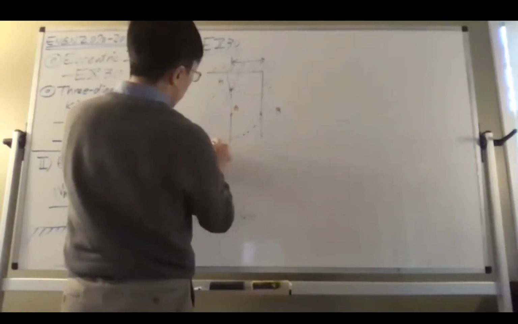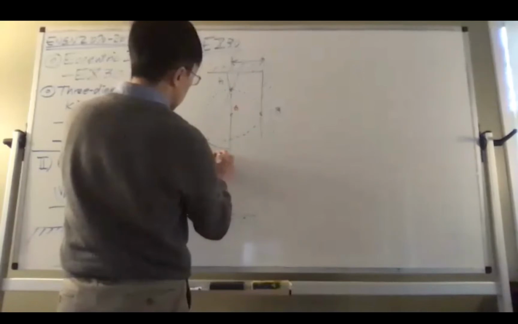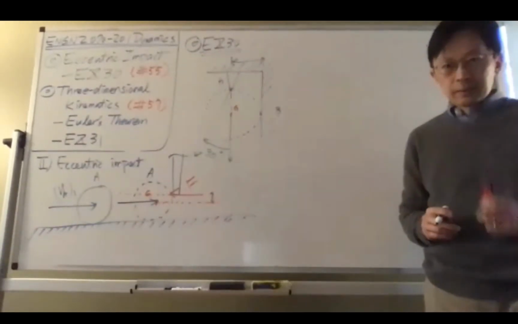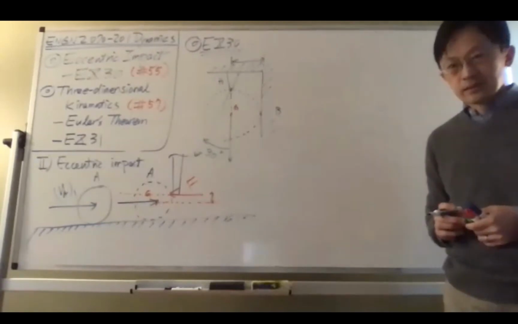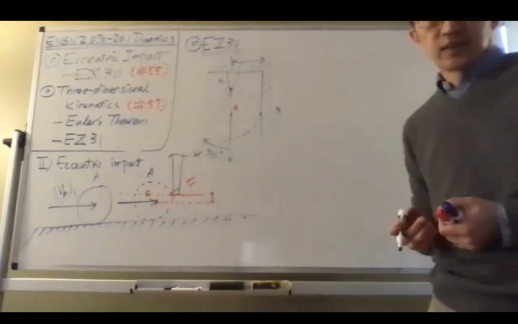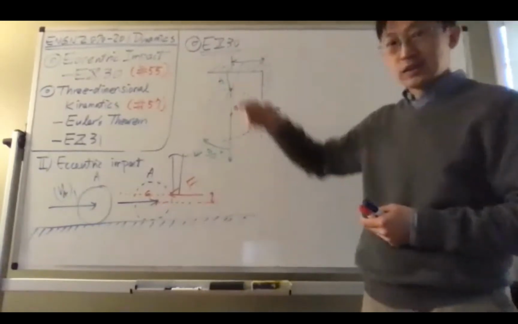We say we're going to move it by 30 degrees. So this is 30 degrees. All right. Can we do it? Of course we can, because it's a hinge. So you can certainly lift it by 30 degrees.